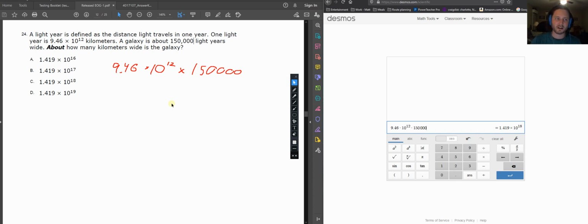Interesting. I would be cautious about just typing it in like that in this context, mostly because I would be surprised if they kept this question in the calculator active section.